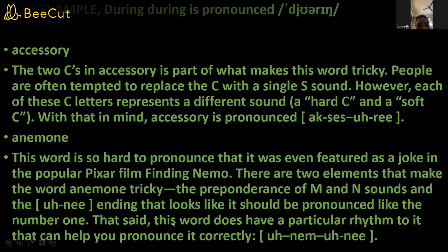So that said, this word does not have a particular reading to it that can help you pronounce it correctly, but this is just honemone. Instead of honeymoon, it becomes honemone. Are you getting that? Yeah.